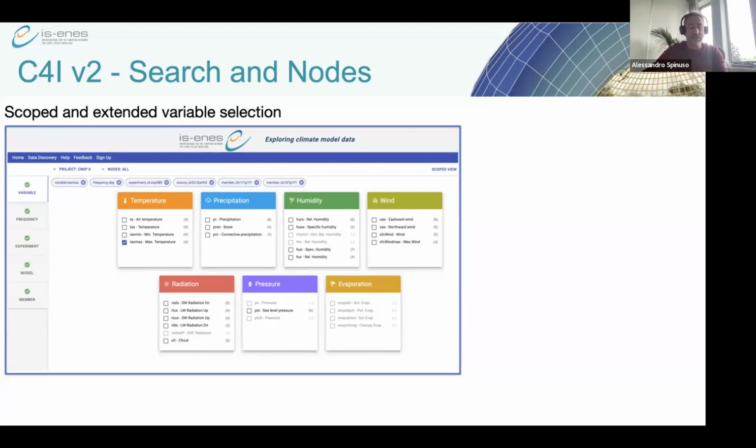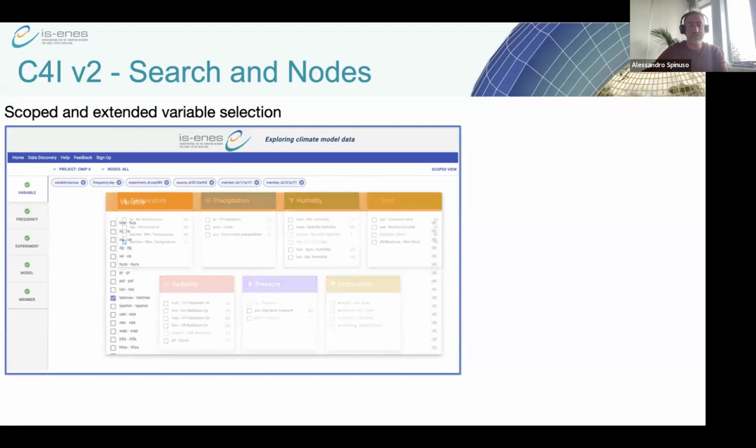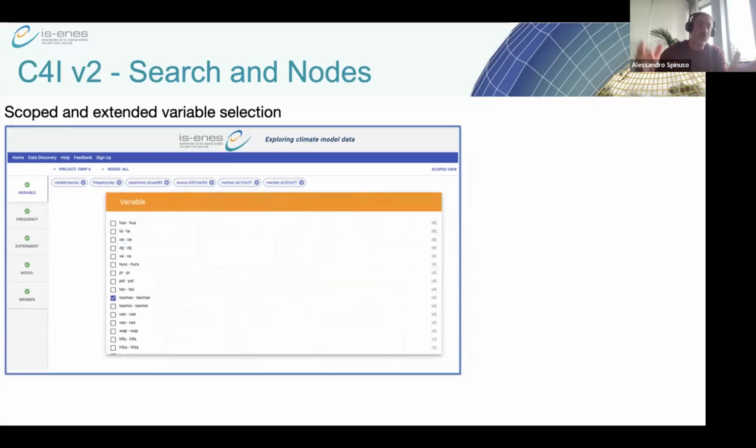Users can go through all these tabs and select what they find most relevant to their interest. The variables that you see now are a subset, but they can be extended by switching to an extended view, which gives the opportunity to go through the whole collection of facets available for that specific facet domain.